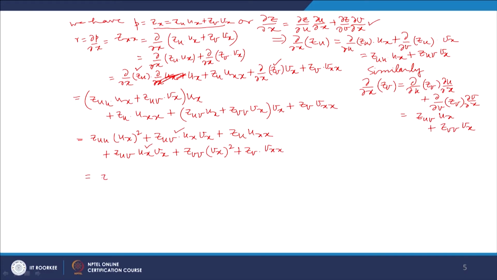same. So, I can write z_uu into u_x square plus 2 times z_uv into u_x into v_x plus z_u into u_xx plus z_vv into v_x whole square plus z_v into v_xx. Now, let us see if this is the value of r.